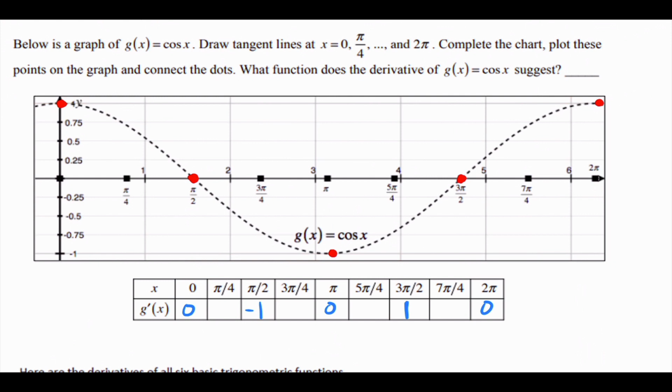We got enough for 5 dots, right? So let me go make those 5 dots, just like I did the last one, and see what kind of picture it shows us. See if it shows us anything different. At 0, 0. Pi over 2, -1.